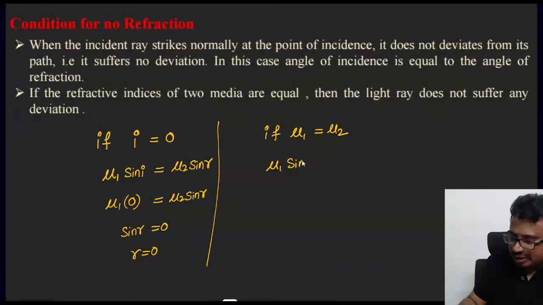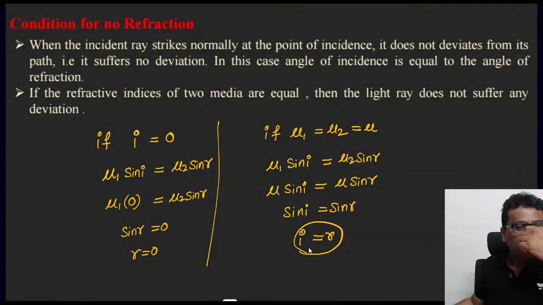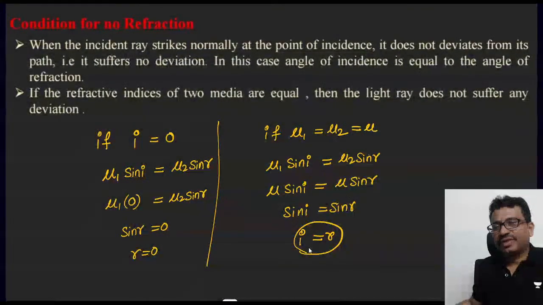Mu1 into sine I is equal to mu2 into sine R. If mu1 is mu, then mu2 is also mu, so mu gets cancelled and sine I is equal to sine R. So I must be equal to R. That means the angle of incidence and angle of refraction are both equal, which means no deviation.